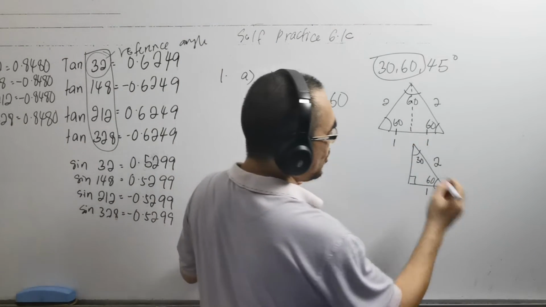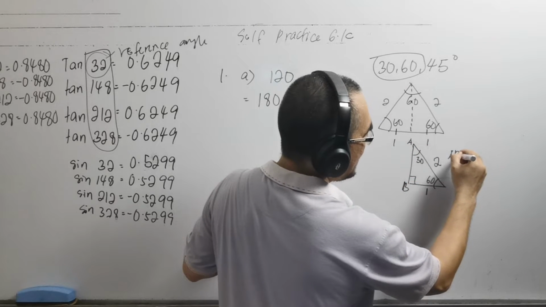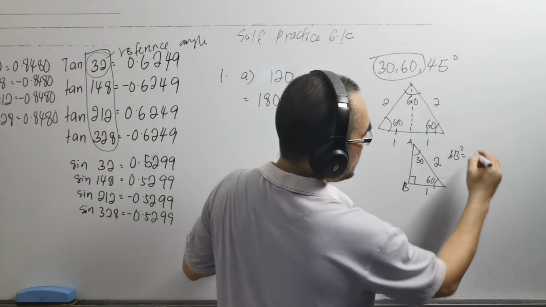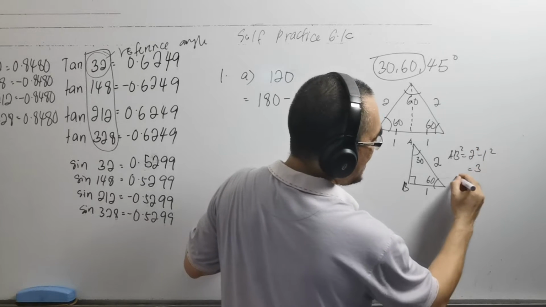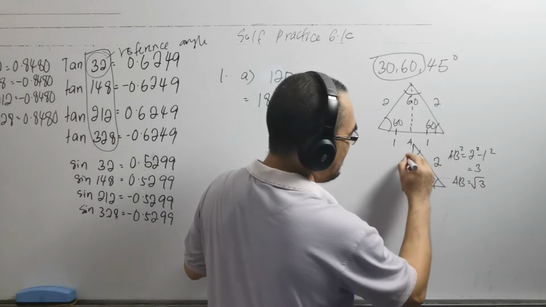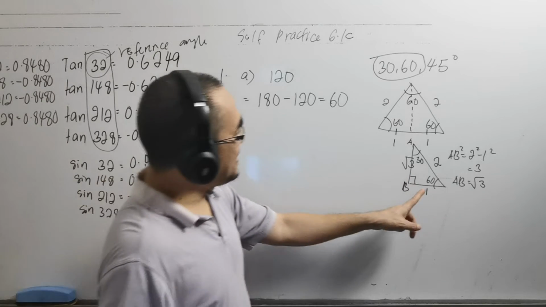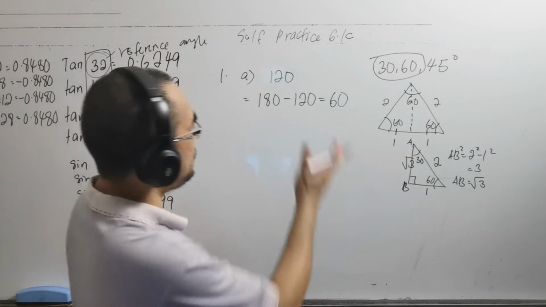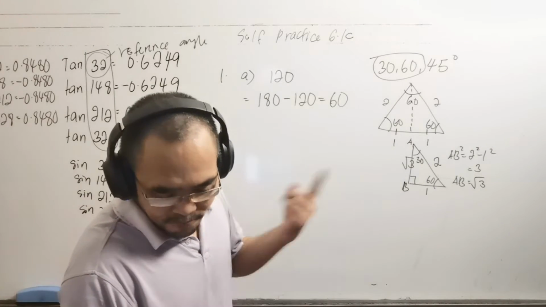The side here, using Pythagoras theorem, let's say I label it AB. So AB squared is 2 squared minus 1 squared, which is 3. So the length of AB is square root of 3, and we label it as square root of 3. From this figure, you could answer this question, that is, find the sine.